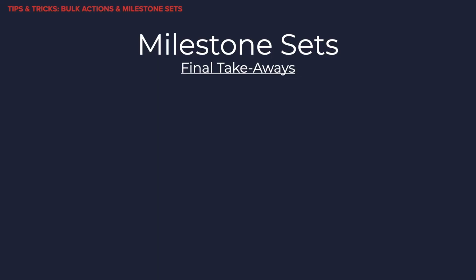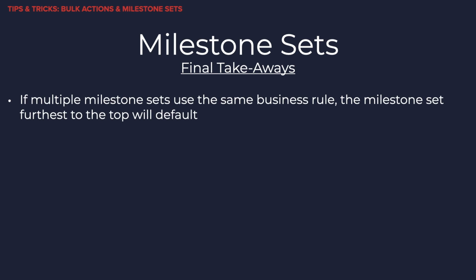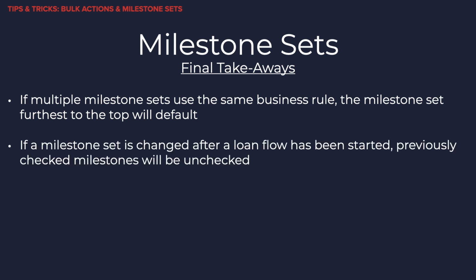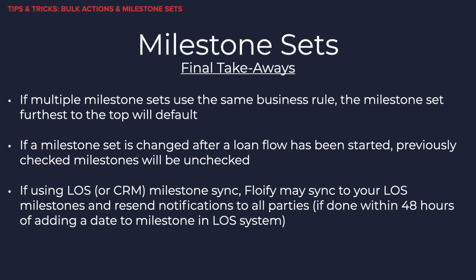Okay, milestone sets, final takeaways. Once again, if multiple milestone sets use the same business rule, the milestone set furthest to the top will be the default. If a milestone set is changed after a loan flow has been started, previously checked milestones will be unchecked.